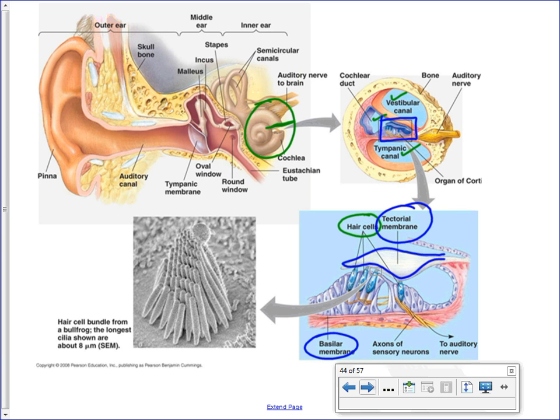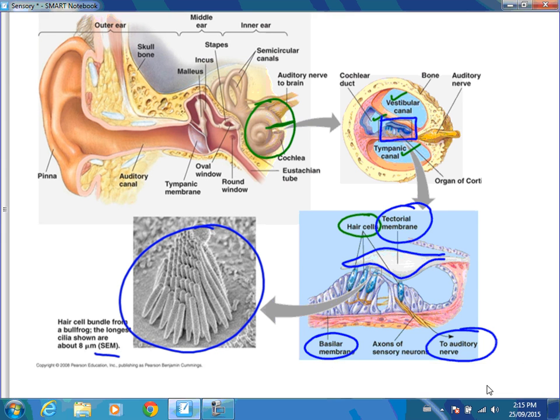Fluid within the cochlea is moving to result in that movement, and that's what's going to generate action potentials, sending the message through the auditory nerve and to the temporal lobe of the brain. And over at the left-hand side, we do have an electron micrograph image that is showing a picture of these individual hairs, or rather a group of these hairs, sticking out from some of the hair cells that we do see here.